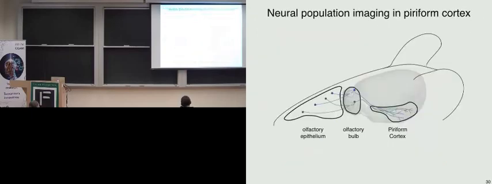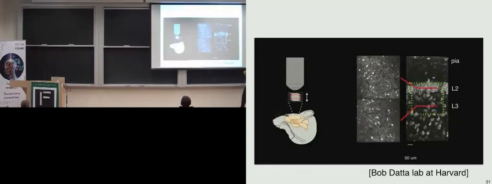Okay, so the neural population imaging data is from piriform cortex in a mouse, which is a pretty upstream area. The data is collected by our experimental collaborators, Stan Pashkovsky and Bob Datta at Harvard.